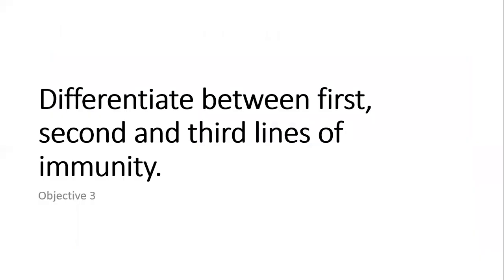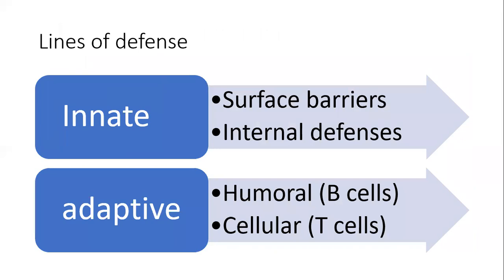All right, so let's go on to objective number 3, differentiate between first, second, and third lines of immunity. Now that rap video that I put on your ticket to class does a pretty good job of outlining these, and it's kind of fun too. So the lines of defense include surface barriers and internal defenses. You can broadly break the lines of defense into 2 categories, innate and adaptive.